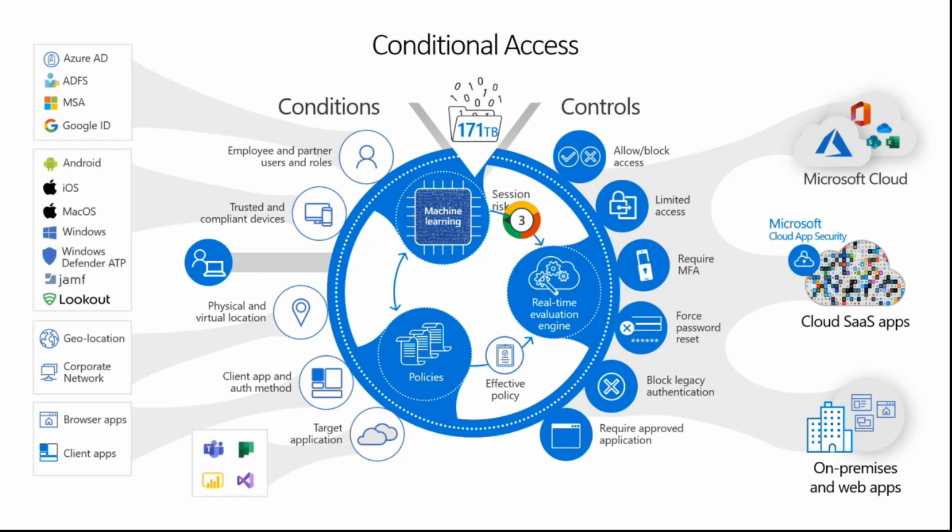This can be, but is not limited to, OneDrive, Teams. This can also be for cloud SaaS applications like Salesforce, SAP, among others. And also, if you integrate on-premises and web applications from the customers into Microsoft Entra, you can also get the great functionalities and features from Microsoft Entra Conditional Access to provide extra security when identities are accessing on-premises or web applications from customers.